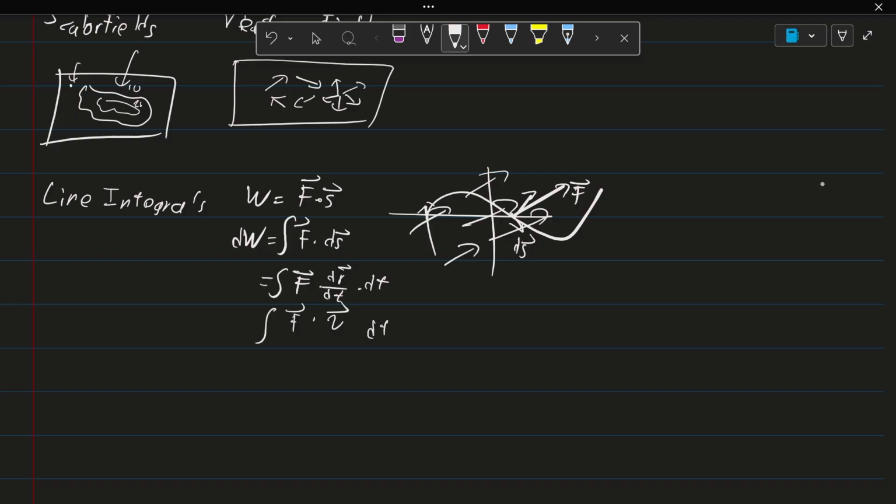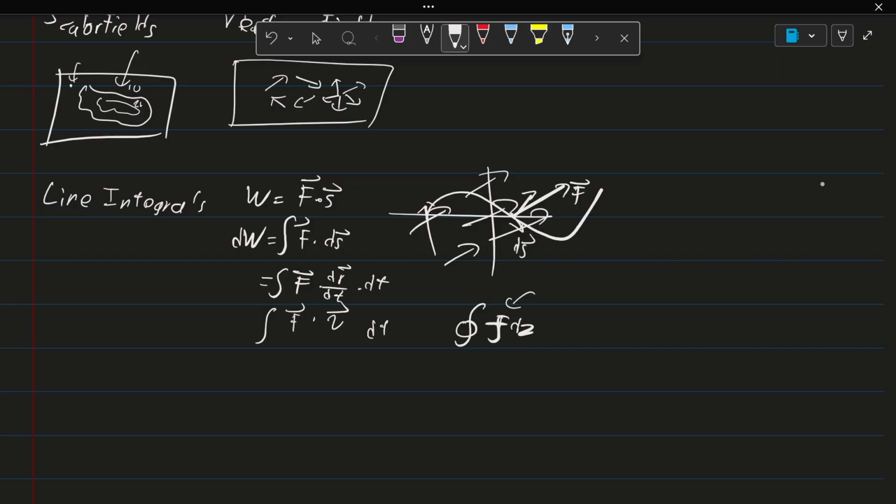And this is very similar to when we talked about complex numbers. In complex numbers, we introduced this type of integral, which we call a contour integral.